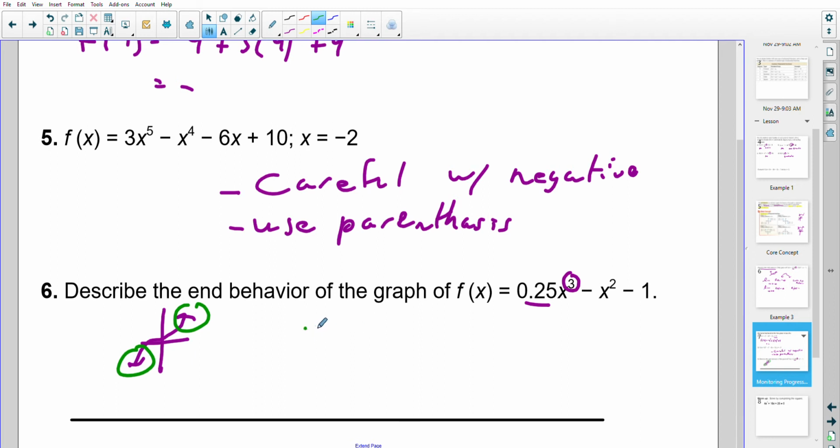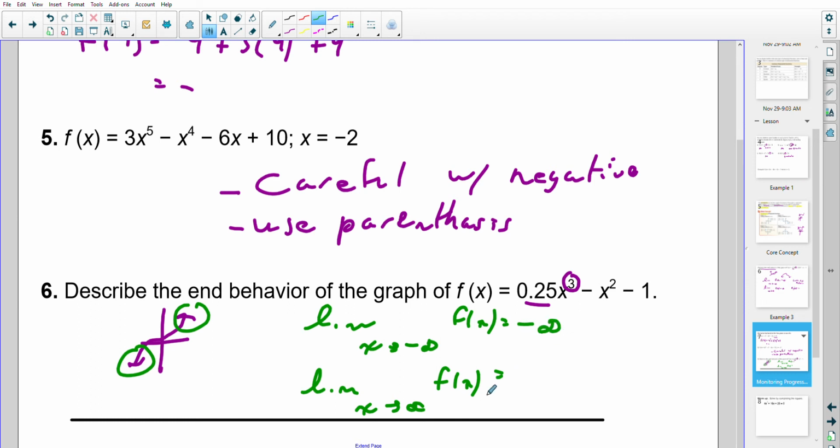In that case, you're going to have the limit as x goes to negative infinity of f of x, and the limit as x goes to positive infinity of f of x. As we go to the left, as x becomes negative, it is going to go to negative infinity, and on this side, we know it's going to go to positive infinity. So that's end behavior, the basic definition of a polynomial.